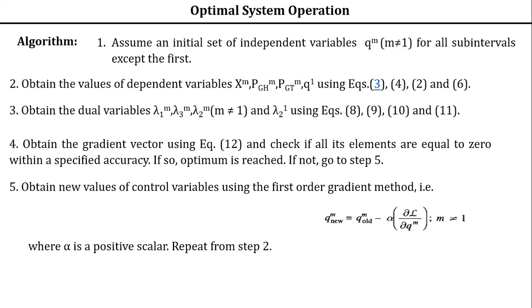If they ask only to write the algorithm, and it is 5 or 6 marks, just write these steps and mention how alpha is selected. If it is 10 marks, then explain each step: what you are doing in the second step, in the third step, like that, whatever explanation I have given now.